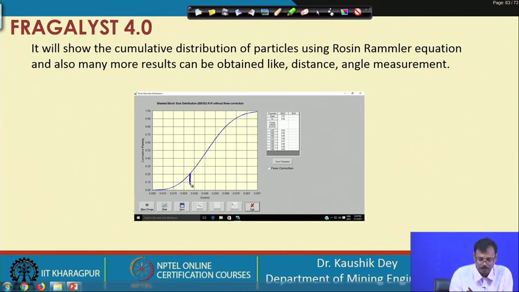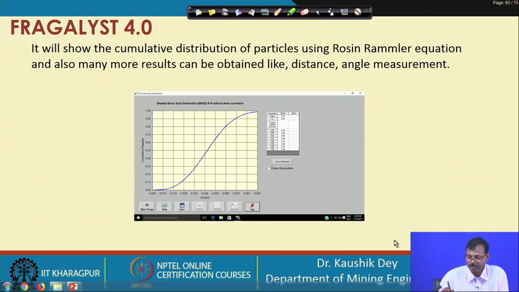This is the K20, this is the K50, and this is the K80, which may be achieved from this size distribution curve. So, this is the Fragalyst software.